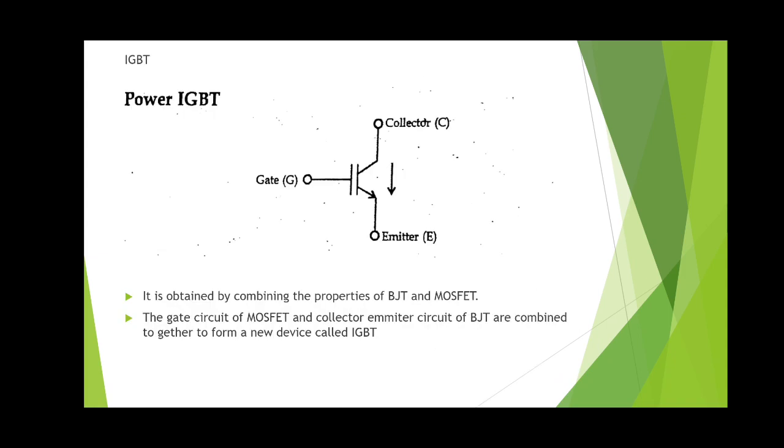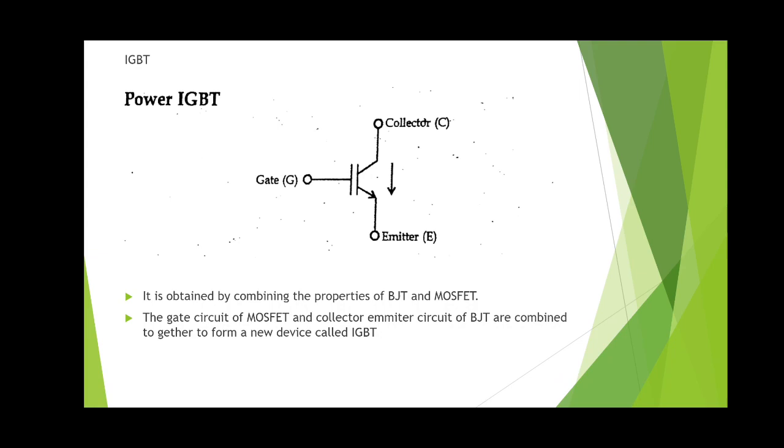Next we are going to discuss about the IGBT, that is power IGBT, insulated gate bipolar transistor. So whatever disadvantages of BJT and MOSFETs are there, those are overcome in the IGBT, that is insulated gate bipolar transistor.